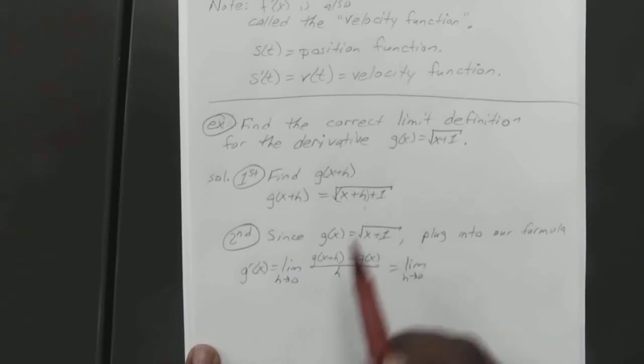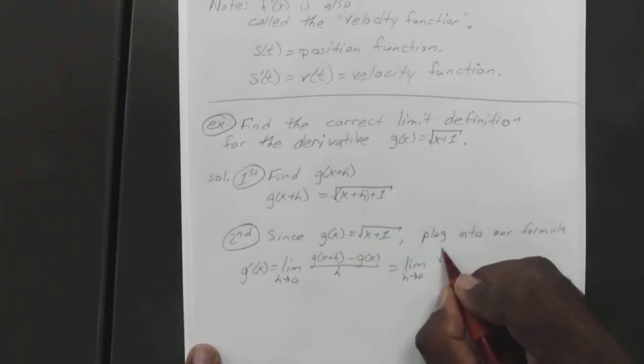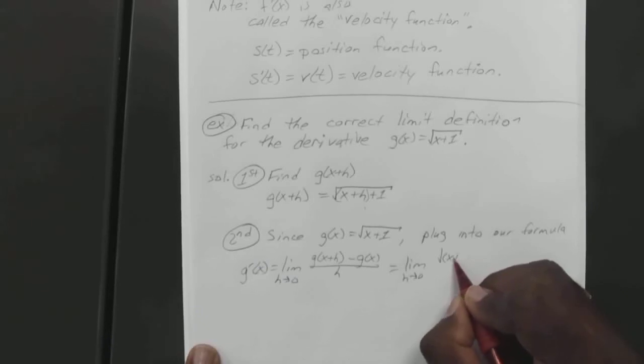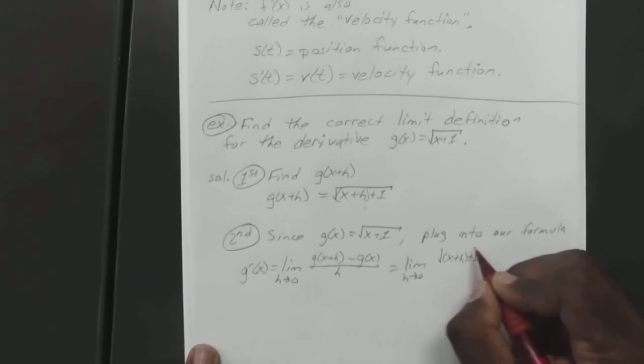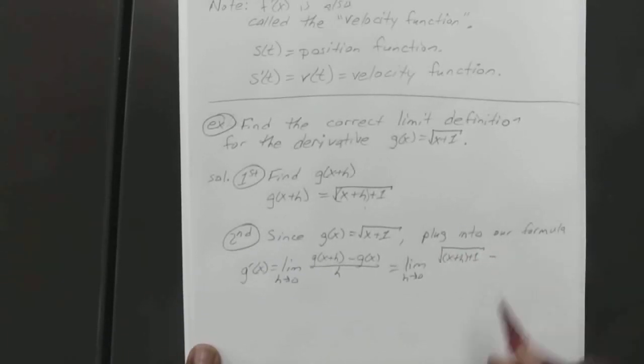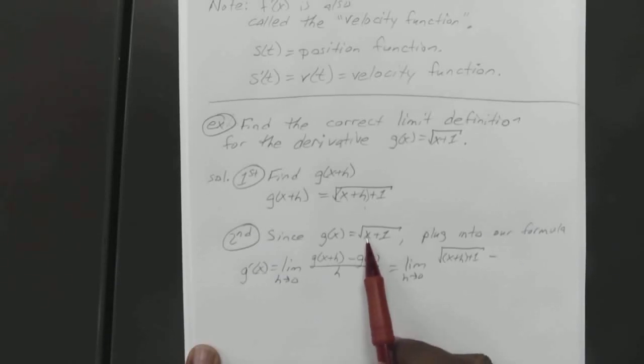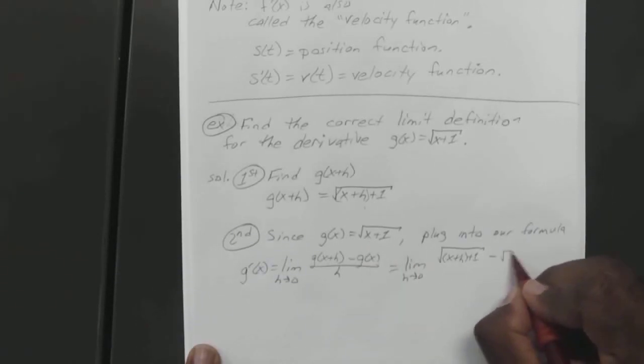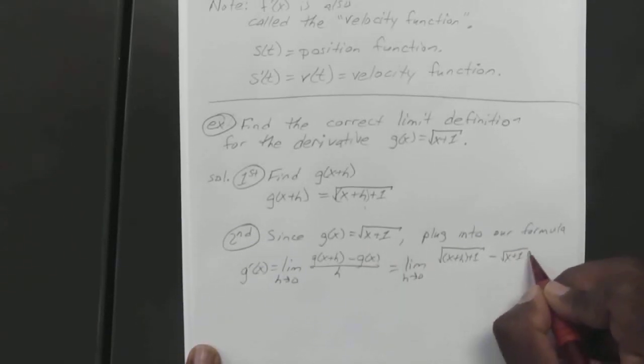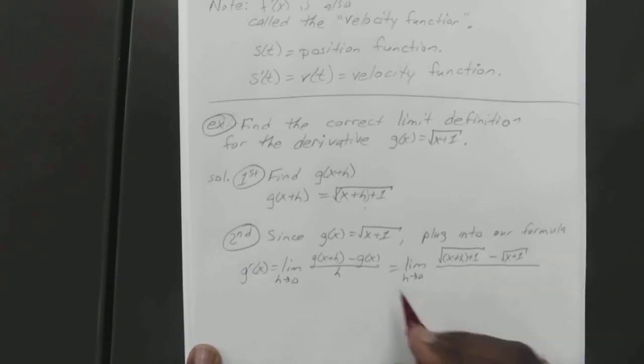We already know what that is. So square root of x plus h plus 1 minus your g of x, which is square root of x plus 1, all over your h. Okay, so that would be the limit definition you would use.